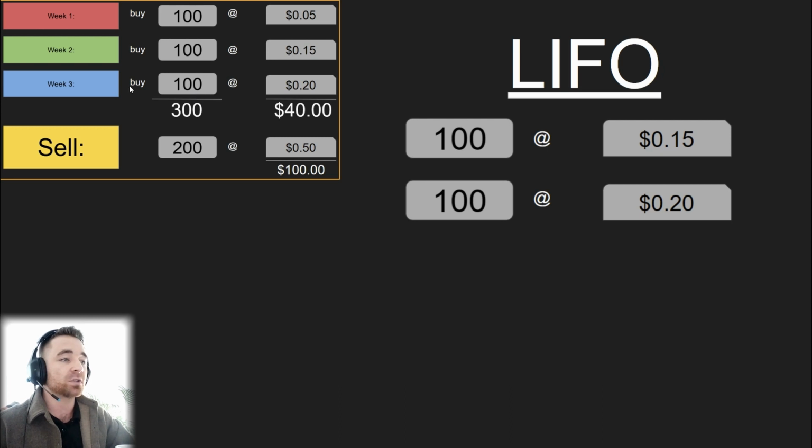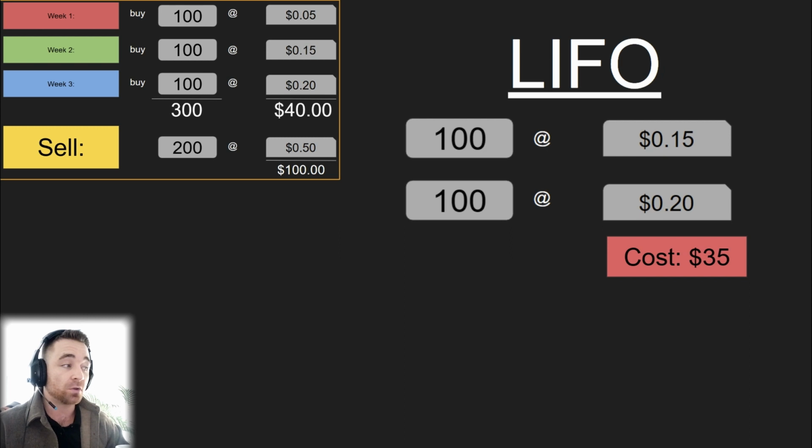And then, okay, cool, we've sold those, fantastic. The next ones in, according to the last in, first out methodology, would go up to week 2 now. So those were 100 for 15 cents each. All right, cool, that's why those are there. Hopefully it's making sense so far. And then what that means is the cost, you'll notice, is different now because that equation is different.